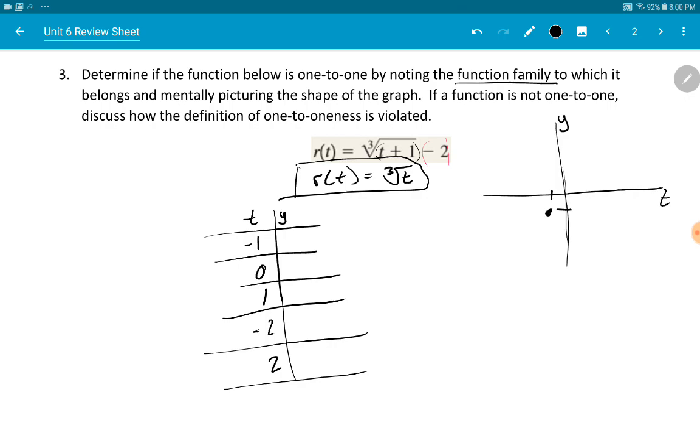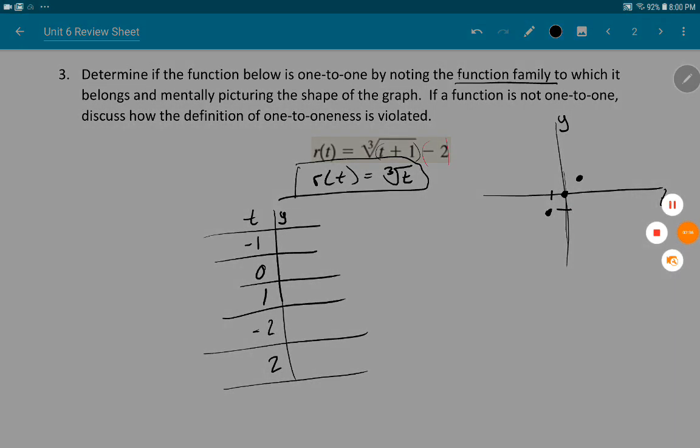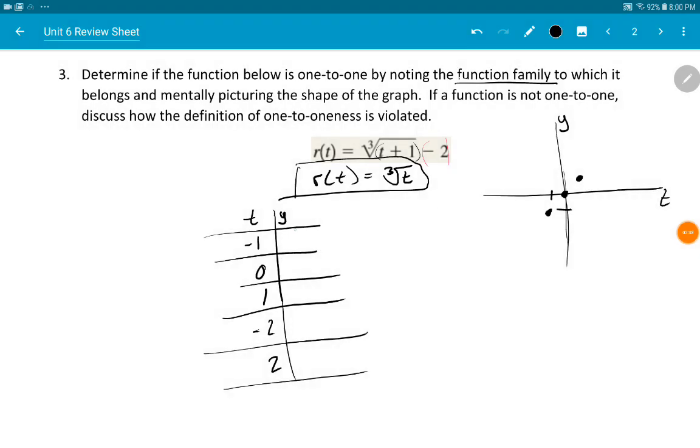At 0, when my t is 0, my cubed root is 0. So I should be plugging these in here. When I plug in -1 for t, not y, this is r, isn't it? I get -1. I plug in a 0, I get 0. When I plug in a 1, I get 1.